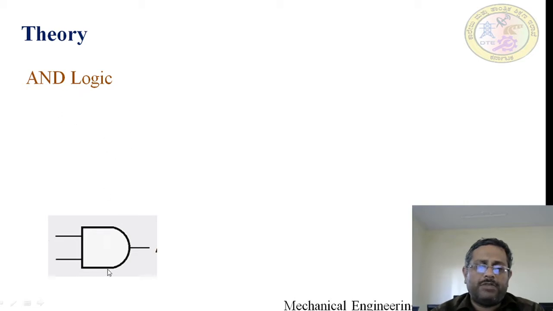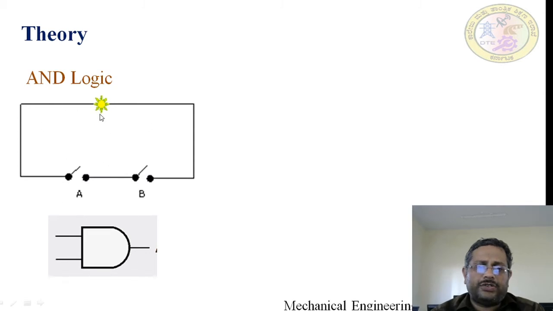This is the symbol for the AND gate, and this is the electric switching circuit to represent the AND logic. Here the two switches A and B are connected in series to switch on a bulb. The bulb will be switched on only when both A and B switches are closed. Otherwise, the bulb will stay switched off. To represent this, we have to construct the ladder rungs.